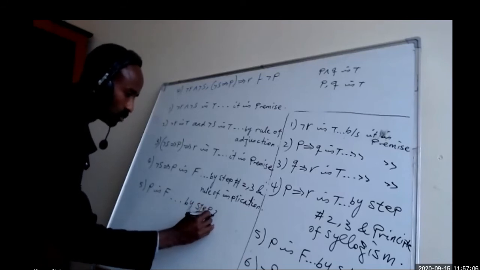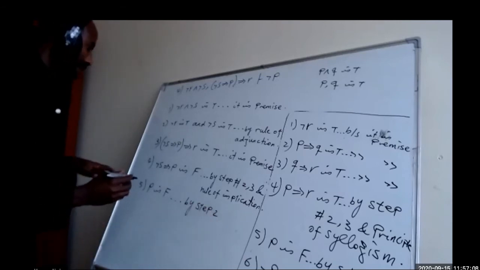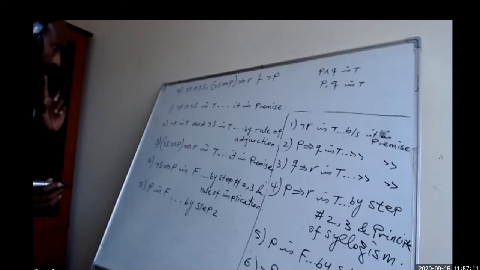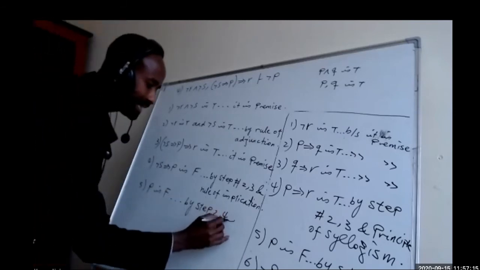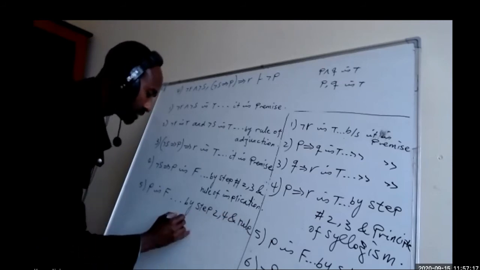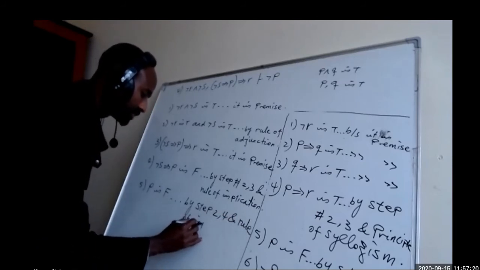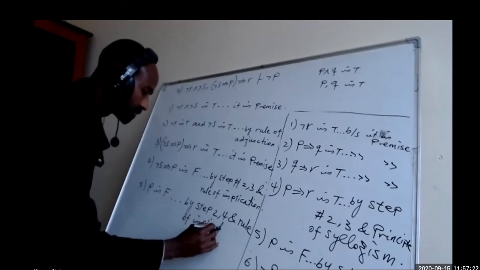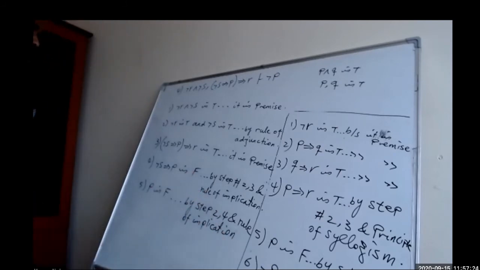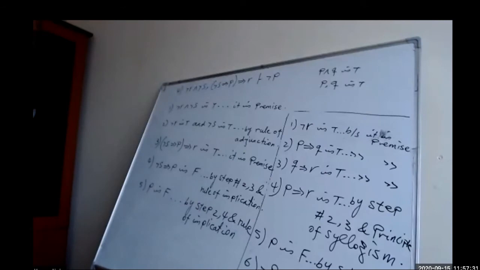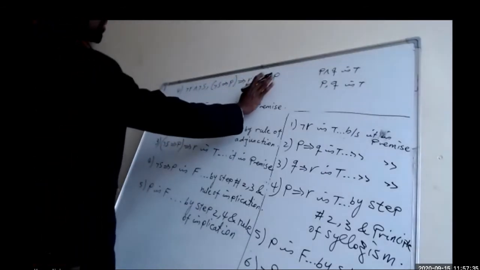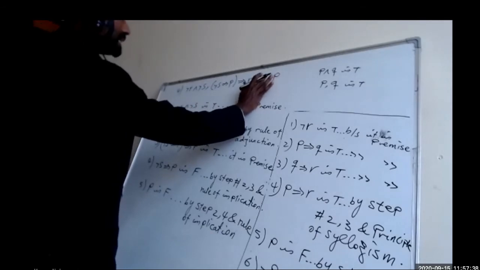Therefore, we have already used step number 2, and which step then? Step number 4, and the rule of implication, or the so-called modus tollendo ponens. So step number 2, step number 4, and the rule of implication. So let us make this conclusion simply P.